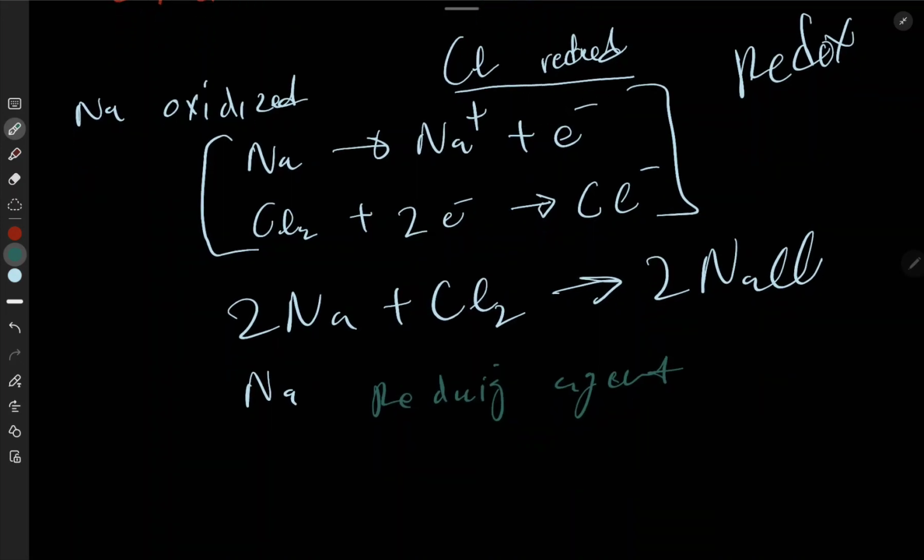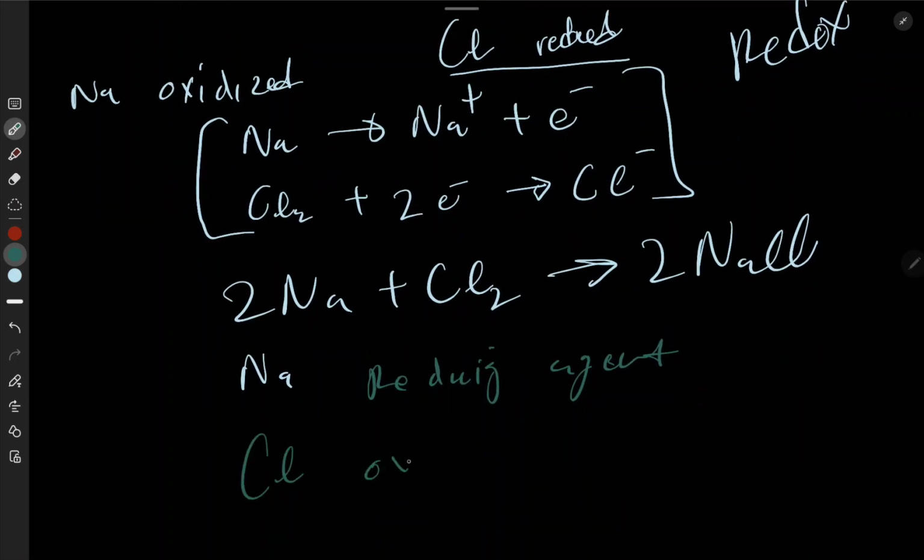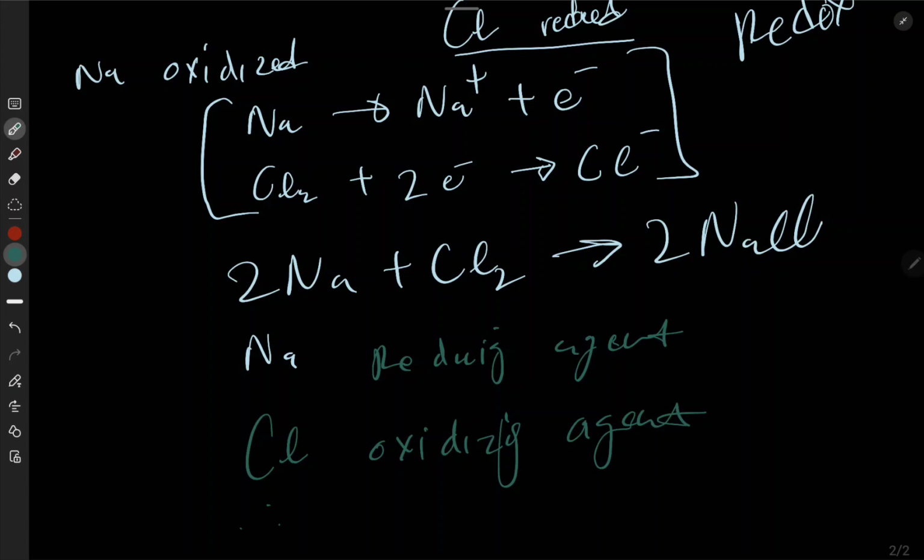If sodium was oxidized, obviously it was oxidized by chlorine. So we can now say chlorine is the oxidizing agent. So in conclusion, sodium lost electrons, and the other one, chlorine, gained, because if somebody gains, another one loses.